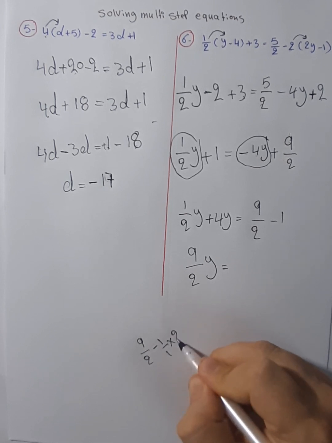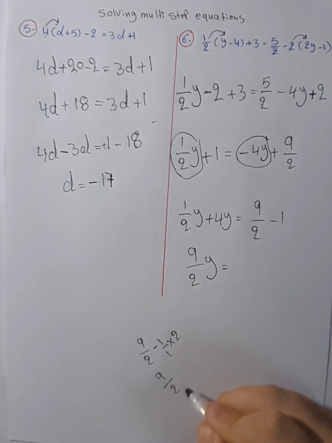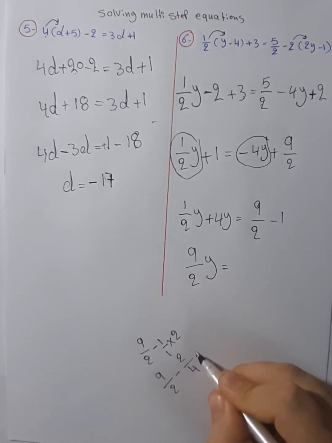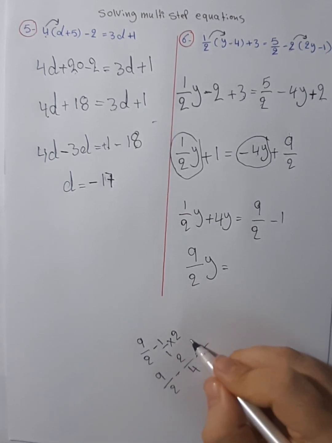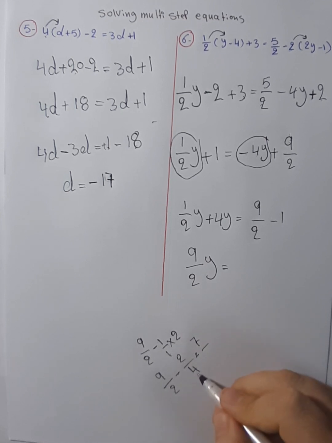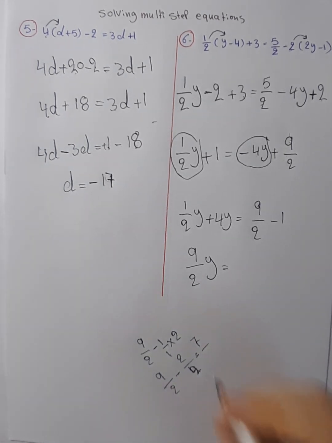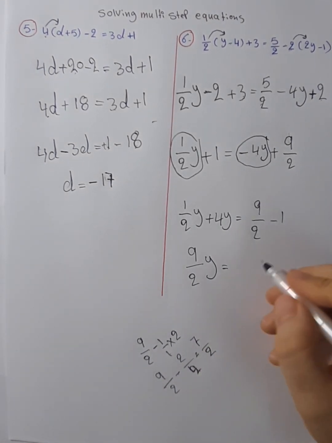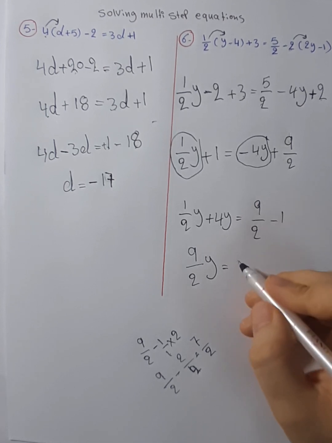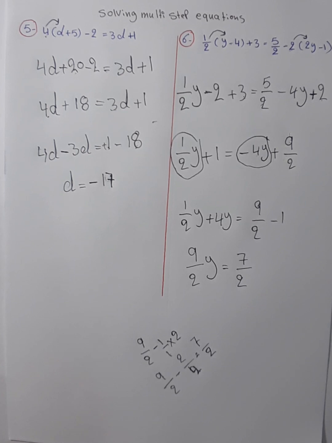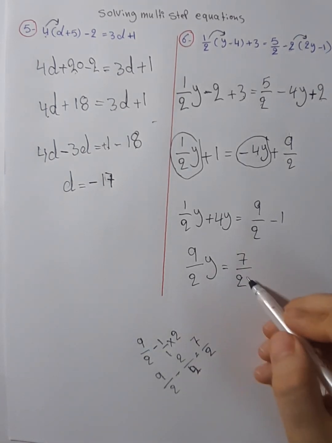We have to multiply this fraction by 2. 9 out of 2 minus 2 times 1 equal to 2. 2 times 2 equal to 4. 9 minus 2 equal to 7 out of 2. So 9 out of 2 minus 1 equal to 7 out of 2.